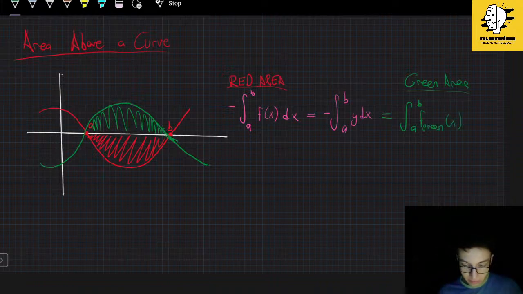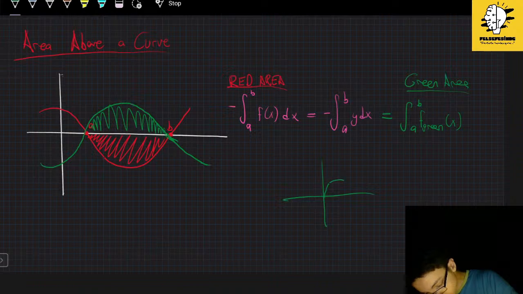Anything I'm missing again? I don't think so. Yeah. So for example, if you are given a sine diagram, and let's say this part is 2 pi, or pi.